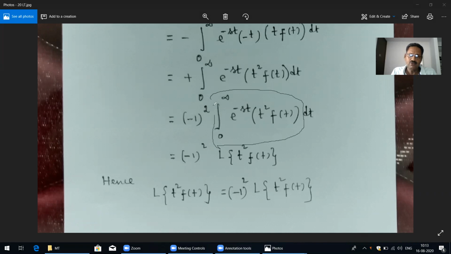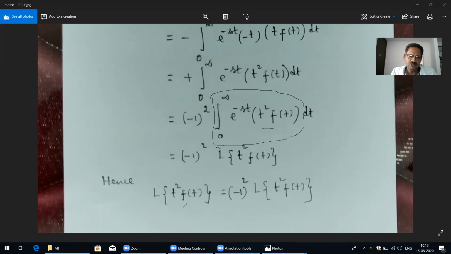The total value is the Laplace transform of t squared times f(t), which can be written as negative 1 power 2 times the Laplace transform of t squared f(t).